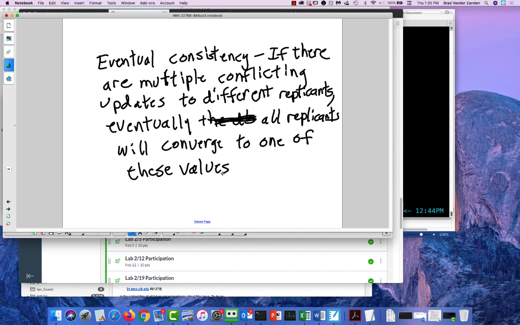So eventually it will converge to one value. So eventually you get consistency.